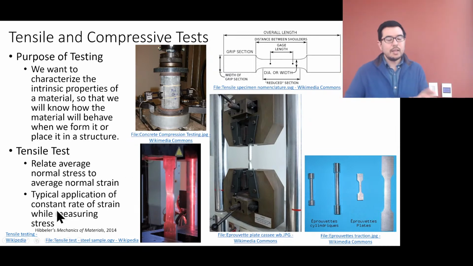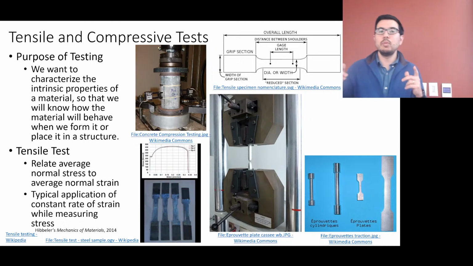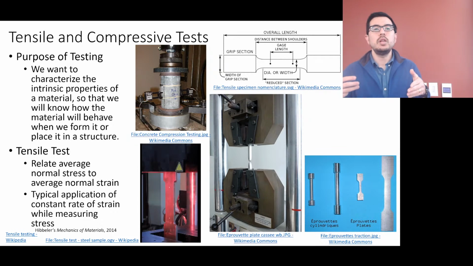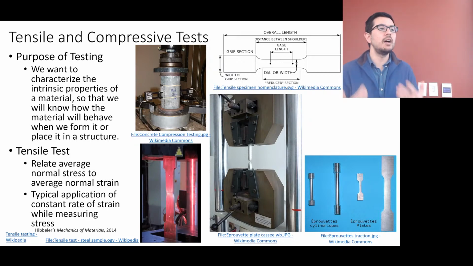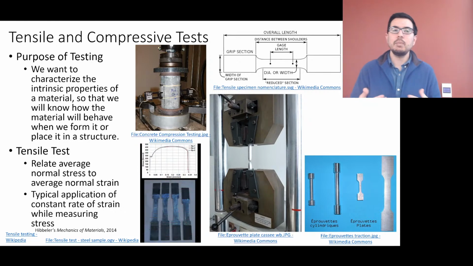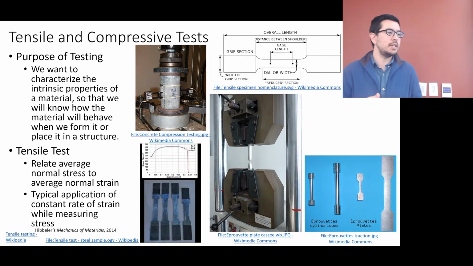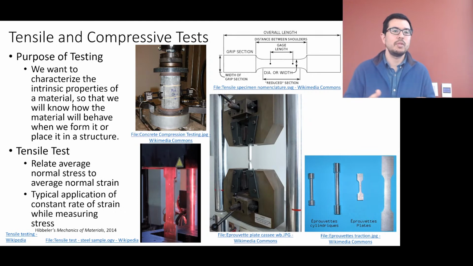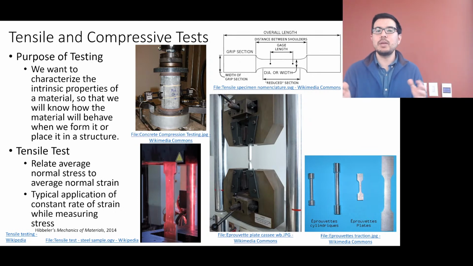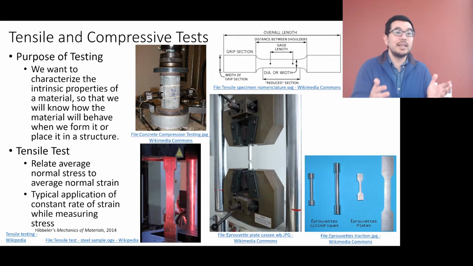And typically, we would control the rate of extension and monitor force and keep that rate of extension constant. So what does that mean? That means that we're going to be saying, hey, go 1 millimeter a minute, something like that, whatever it might be. And that might be a lot.